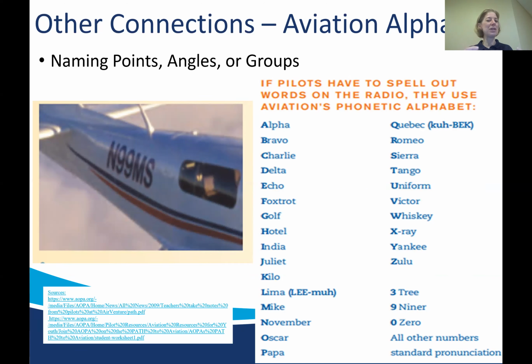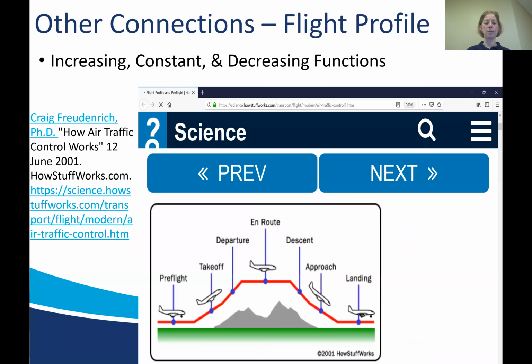And so you can have students explore the 3 letters that identify the airports. And so if you go to an airport and you bring your baggage, they most likely, wherever you're traveling to, will have a tag on it that will identify the airport to which your bags are going to be flown, and it's identified by 3 letters. And so it's a great way to make connections with points, angles, groups within a math classroom.